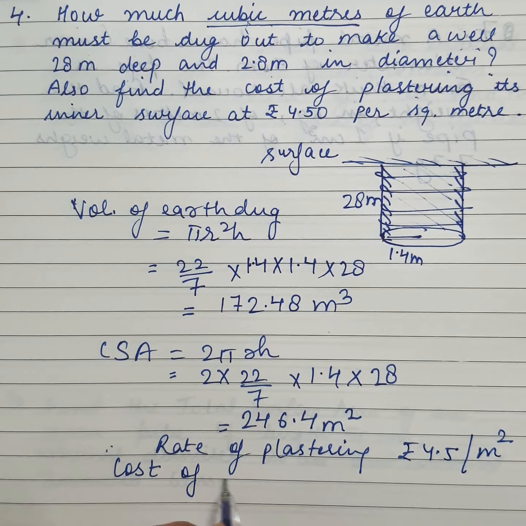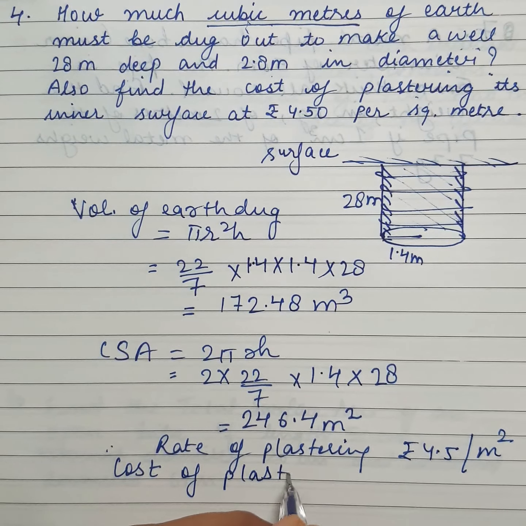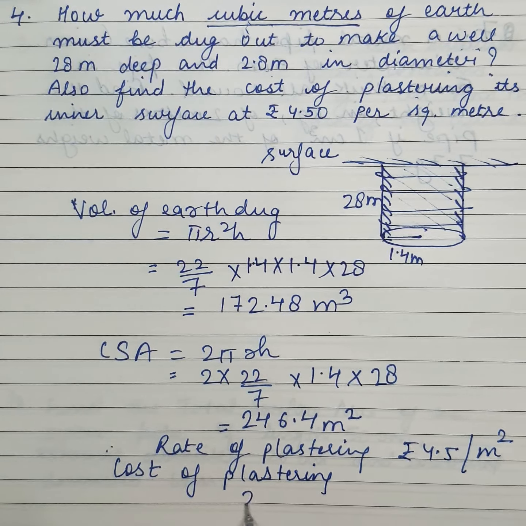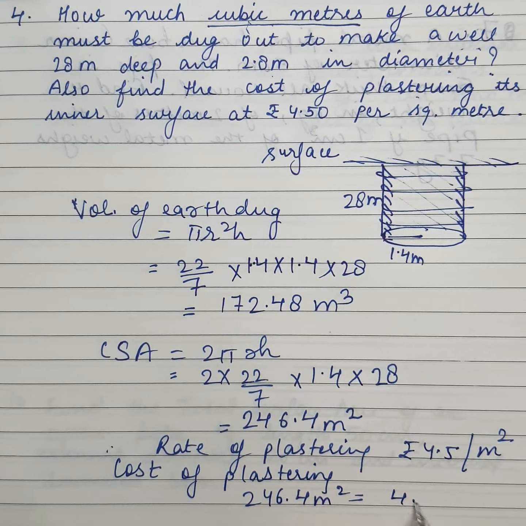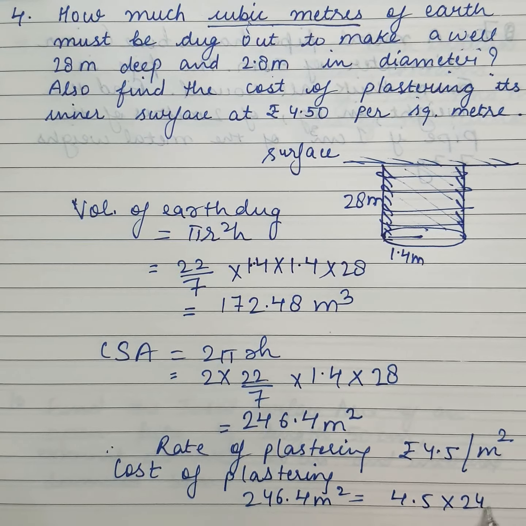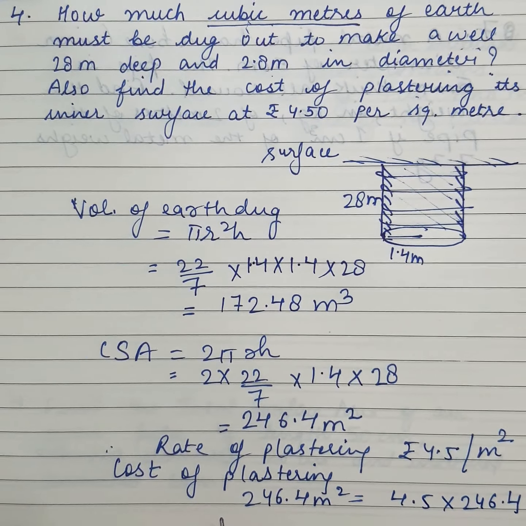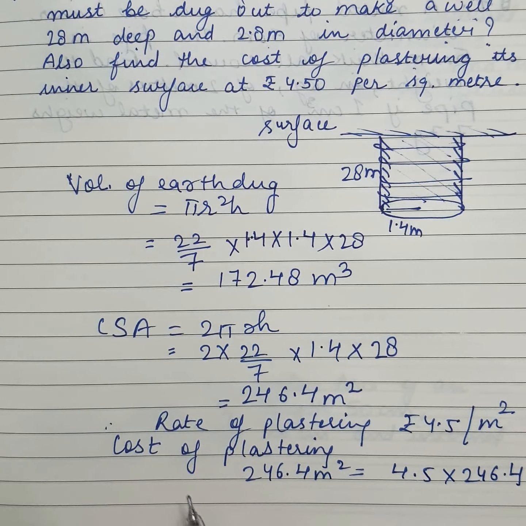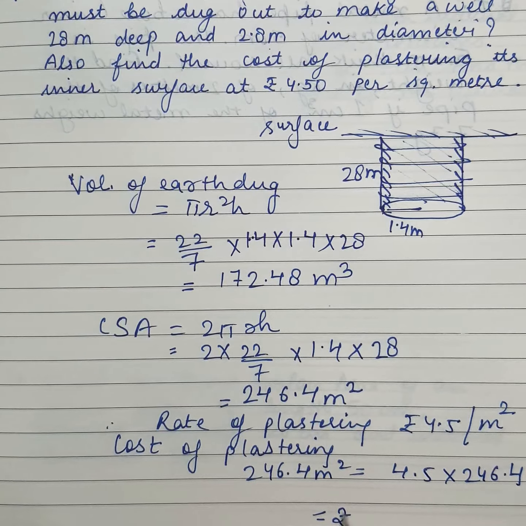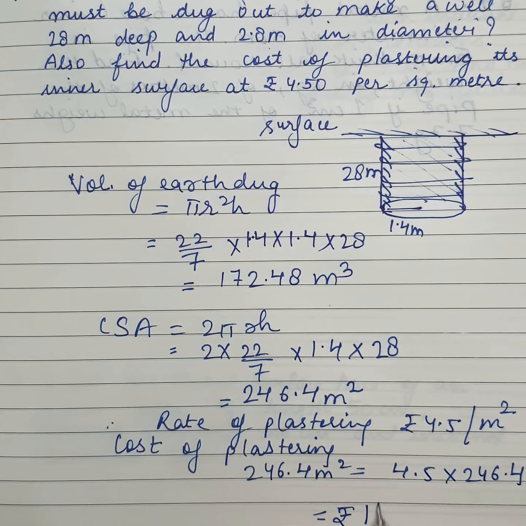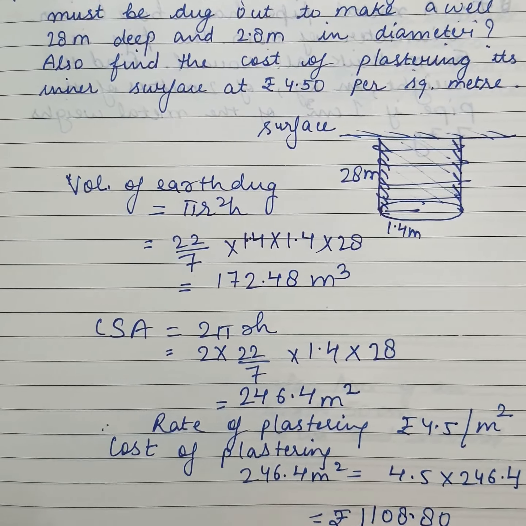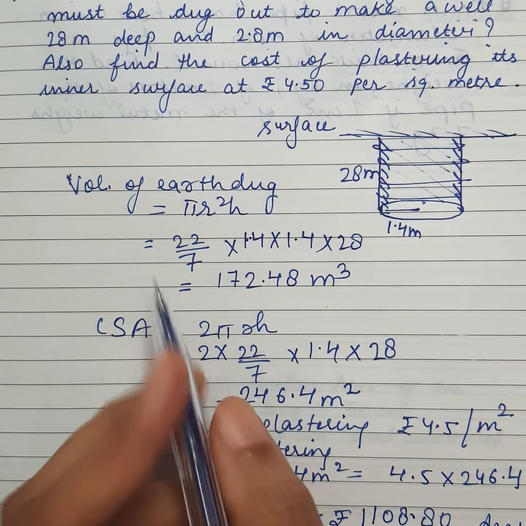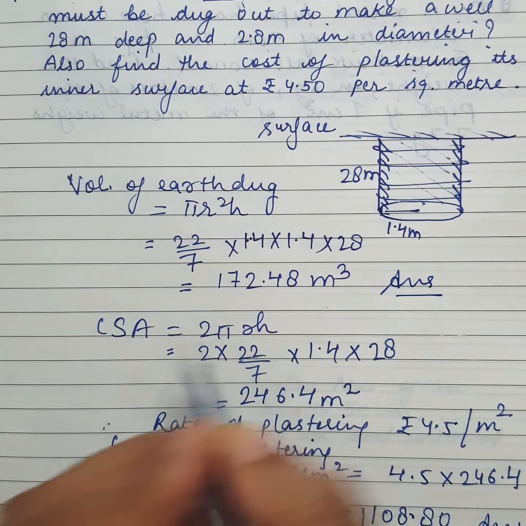So the cost of plastering 246.4 meter square will be 4.5 into 246.4, and when we multiply we will get the answer in rupees, because now this is the cost, 1108.80. That is going to be the final answer, and the answer of the first part will be this.